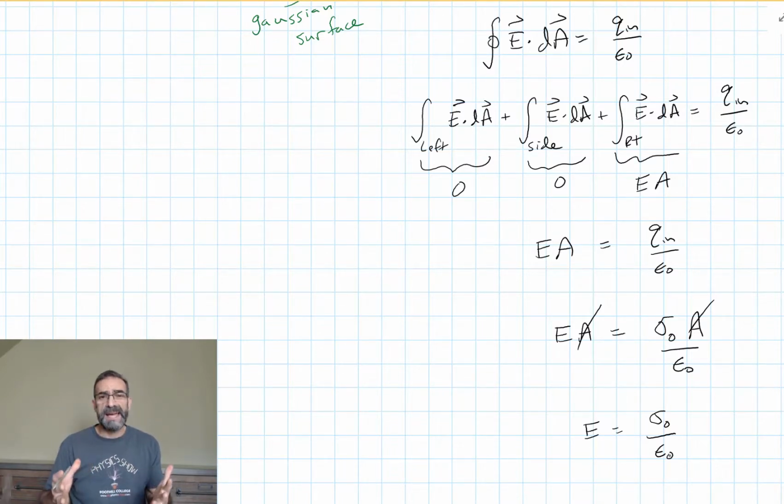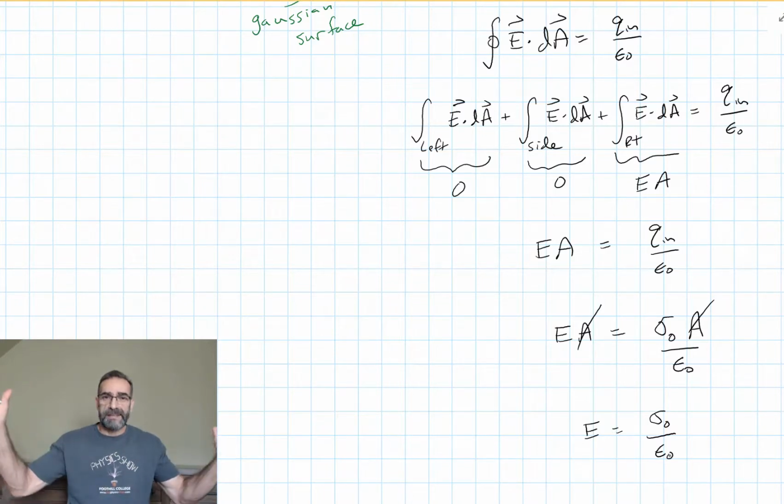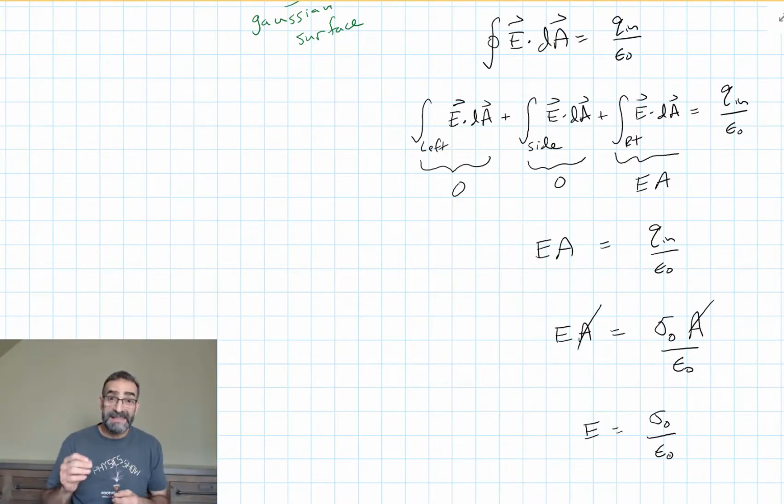Now, for a capacitor, we usually are given the area of the plate of the capacitor. It's not infinitely large, but we can approximate it as being infinitely large because the plates are very close together. So for almost all of the capacitor, the area is very large compared to the spacing between the plates.